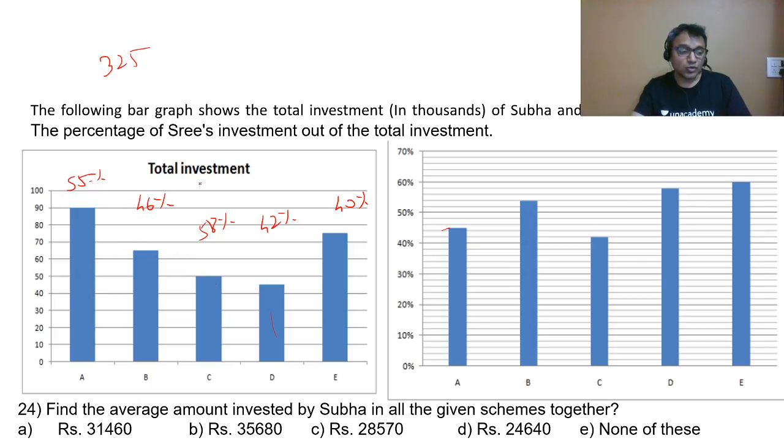The answer looks to be none of these. Anyway, let's try. 91, 55% will be 45 plus 4.5, 49.5 here.